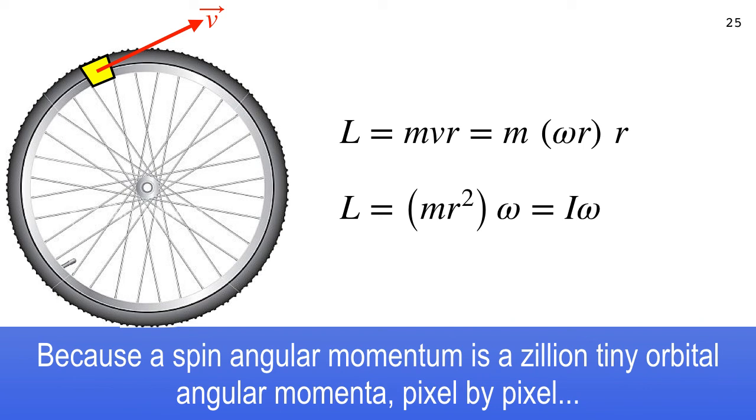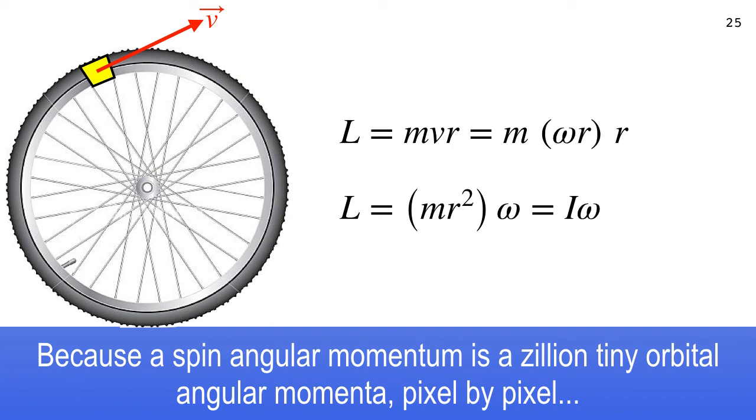Our angular velocity is going in. And omega is the angular velocity. Now, we don't have the vectorness on here yet, but we can do that. We know it's going into the page. So the way you think about this spinning object is: break it down into pixels, figure out mr squared for the pixel, because it's going to be a certain distance out to the pixel and have a certain number of grams or kilograms.